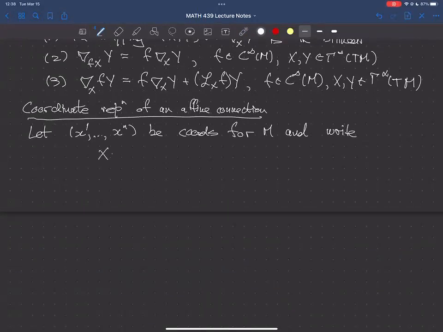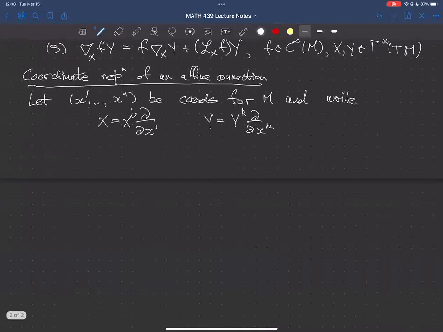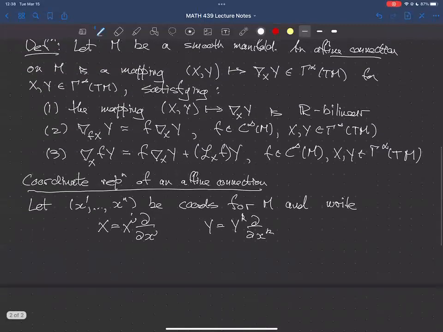So that means X is X^j d/dx^j, and Y is Y^k d/dx^k. All right, then what I'm going to do is I'm just going to write this thing down, and then start applying the rules and see what pops out, basically.